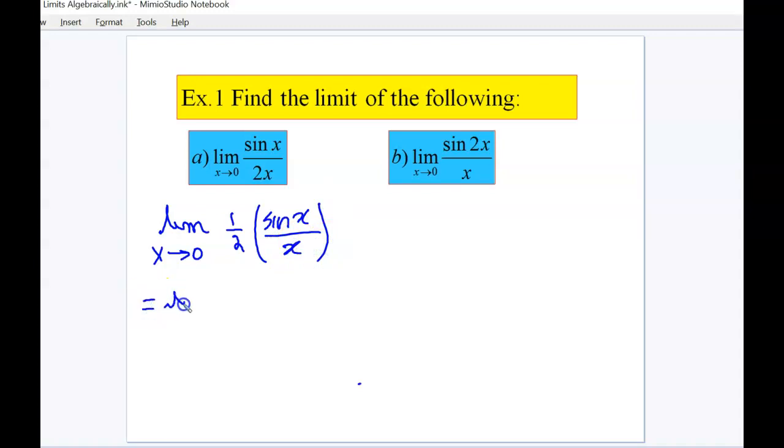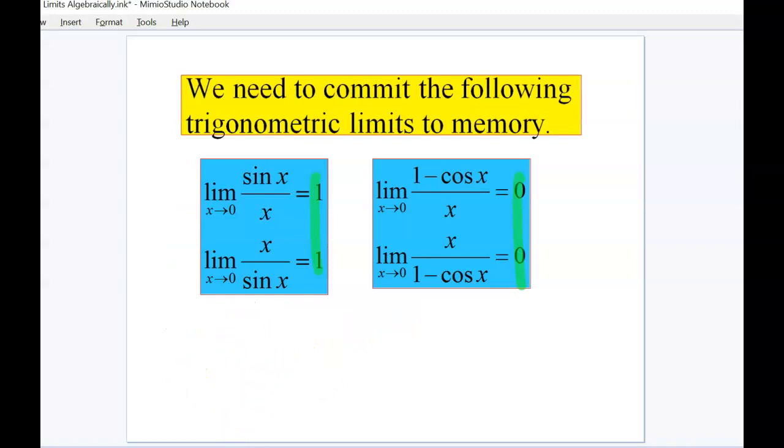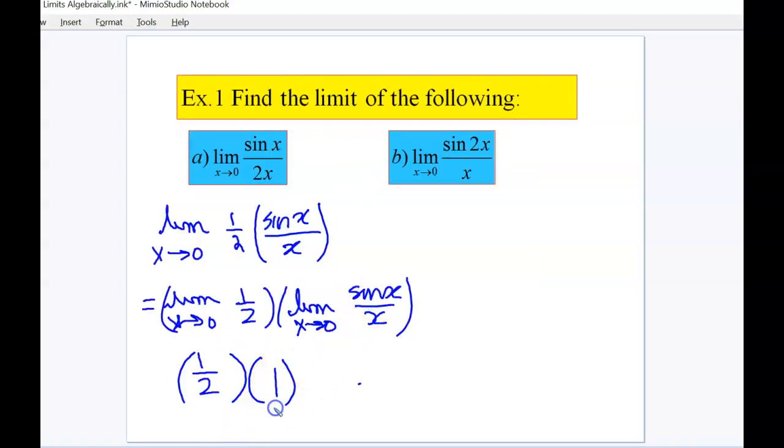Now this would be 1/2 times the limit as x approaches 0 of sine x over x. The limit of a constant is just the constant, and this is our special limit: the limit as x approaches 0 of sine x over x is 1. And 1/2 times 1 would be 1/2.